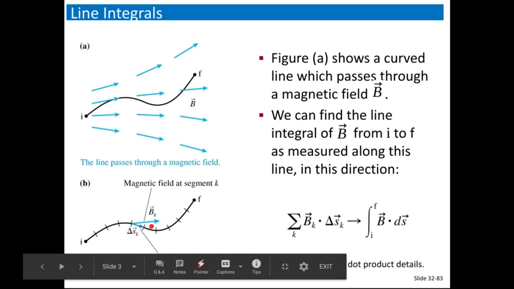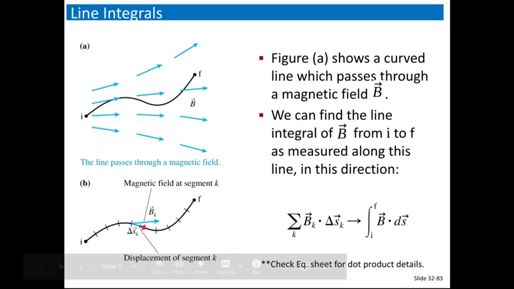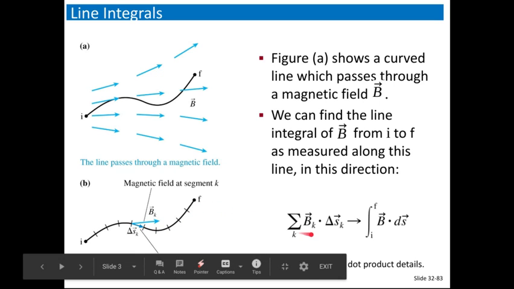We're saying how much of this vector is in the direction of that vector. In this case, how much of B is in the direction of delta S, right here. The way that reads is we would say B dot ds. And if we want to add up, here it would be B times delta S times the cosine of the angle. And we do that for every chunk.